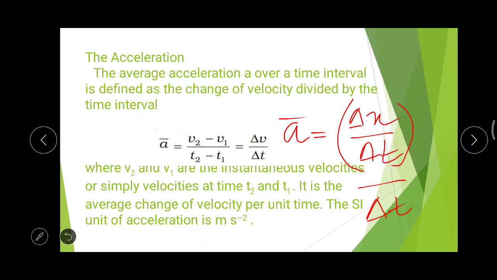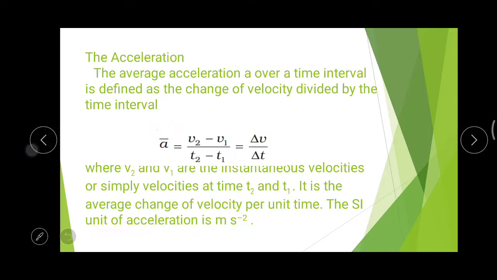Average acceleration is denoted as a bar, and that is equal to v2 minus v1 divided by t2 minus t1. Another definition for that is the average change of velocity per unit time.